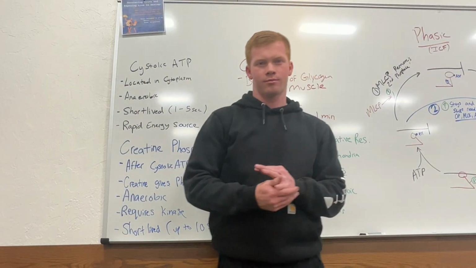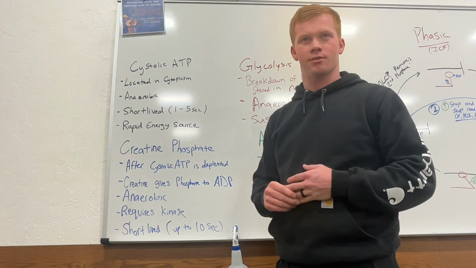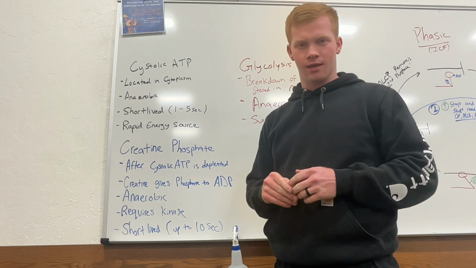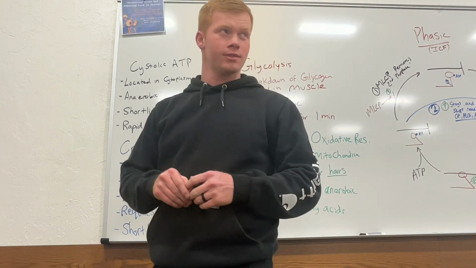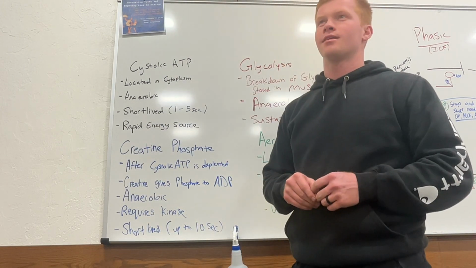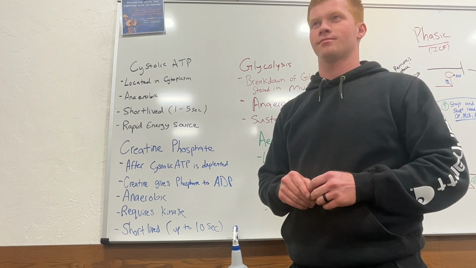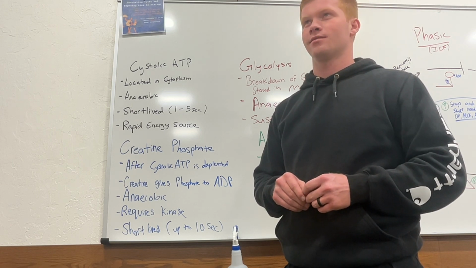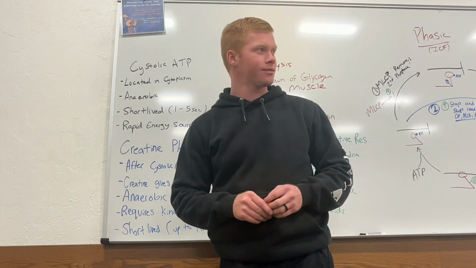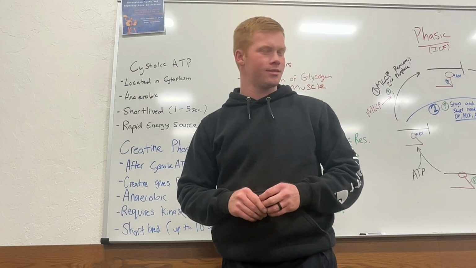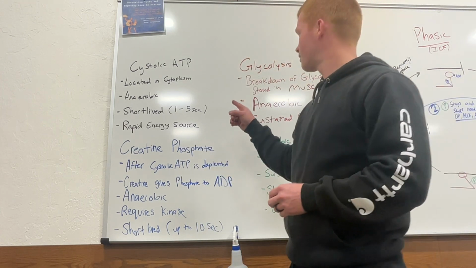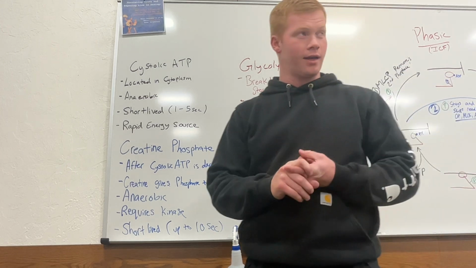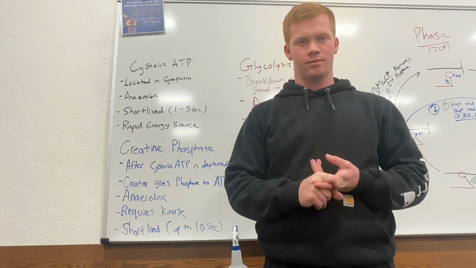I'm going to try not to look at them and just explain them to you. Okay, so what's the first one? Cytosolic ATP. So that one is located in the cytoplasm.